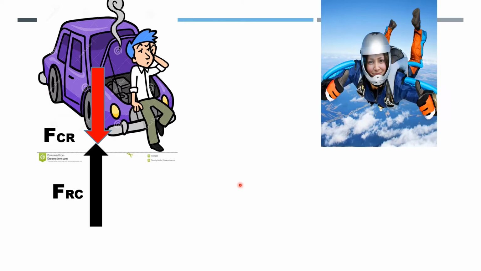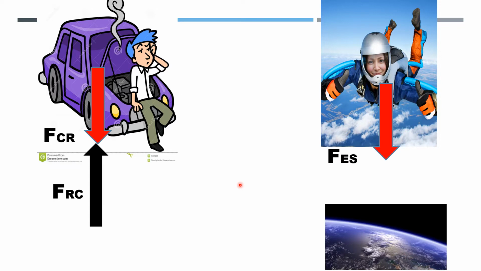Now how about when a body is, supposing the skydiver is accelerating downward? All right? We know that the diver is being pulled by gravity, or the force of the earth on the skydiver that is directed downward. If that is the action force, then what is the reaction force?